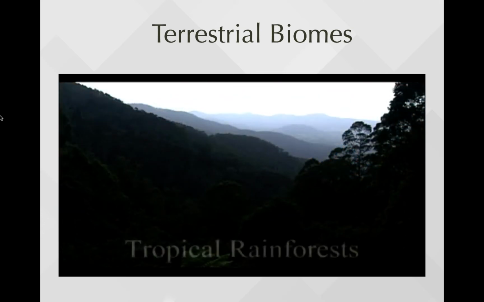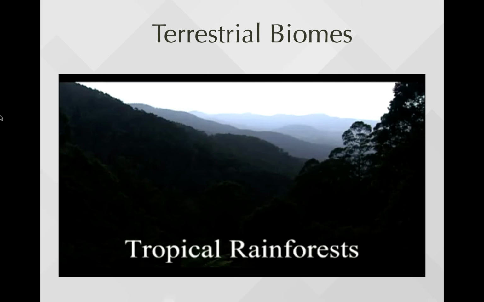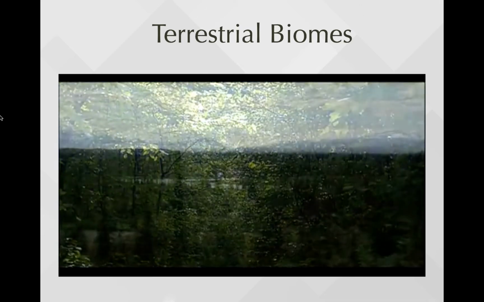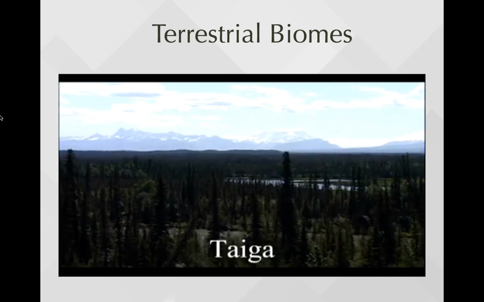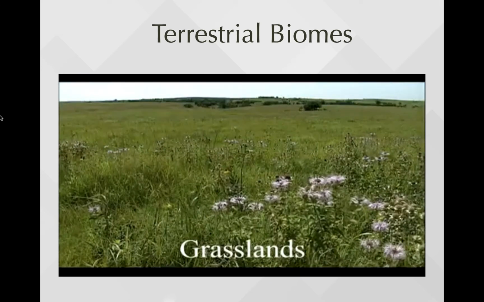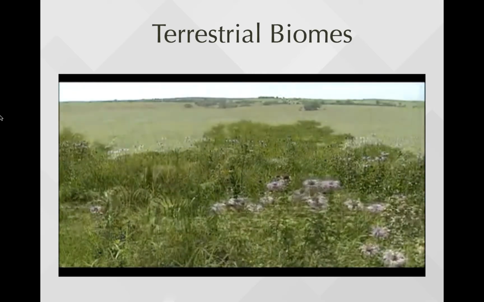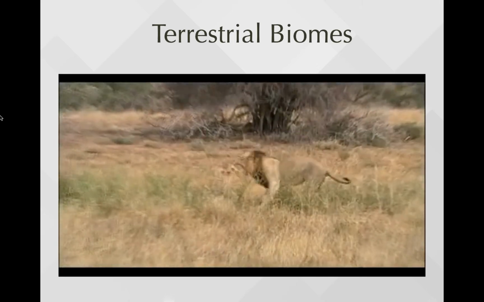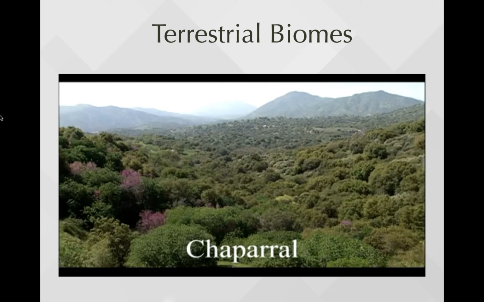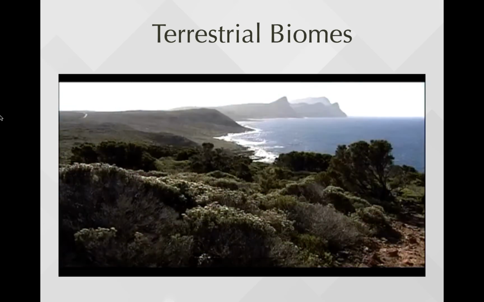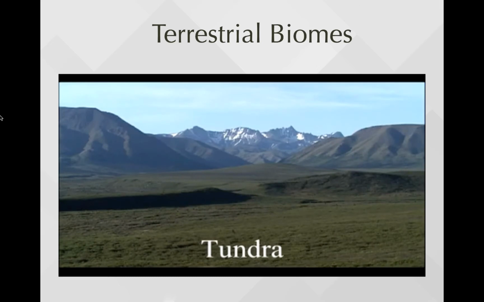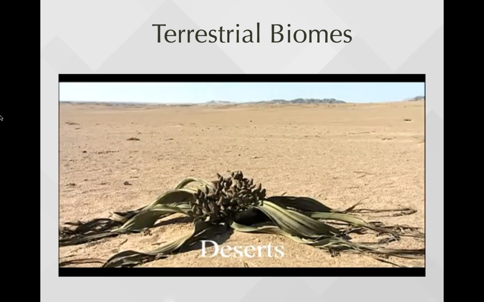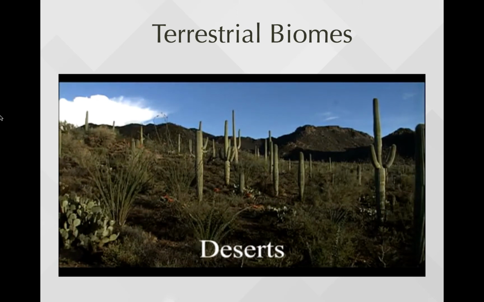Examples of biomes include tropical rainforests, like those found in the Amazon basin and northeastern Australia, the temperate deciduous forests of Europe and the eastern United States, the coniferous forests, or taiga, that span much of northern Europe and Canada, grasslands, like those that once covered much of the central United States, the African savanna, that supports some of the Earth's great populations of herbivores and large predators, chaparral, found along coastal areas in places like California and the southern tip of Africa, tundra, that covers much of the land near the Arctic Circle and the upper slopes of mountain ranges, and deserts, like the Namib along the southern African coast and the Sonoran of the American Southwest.